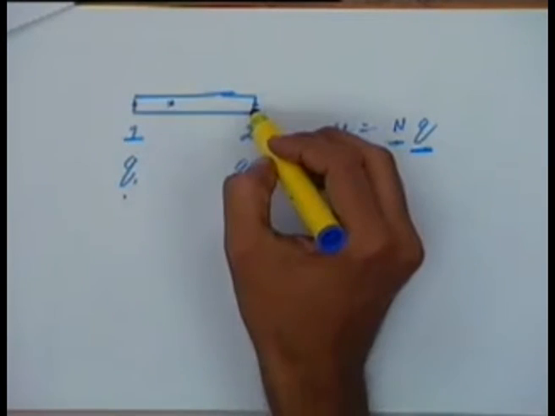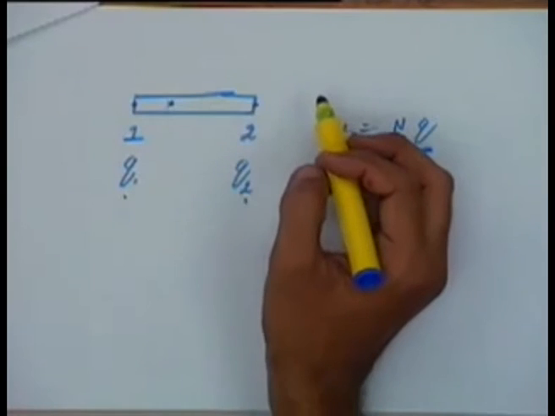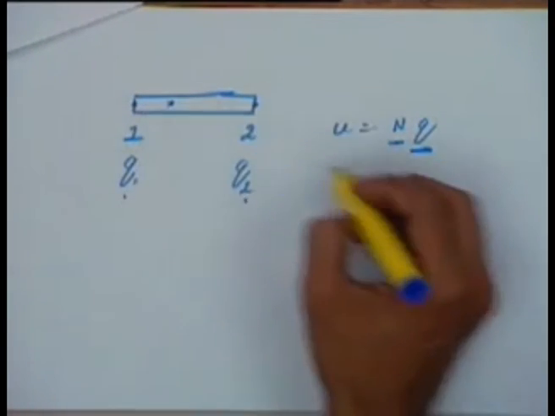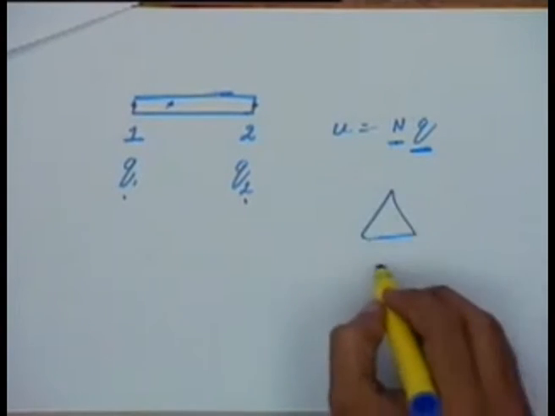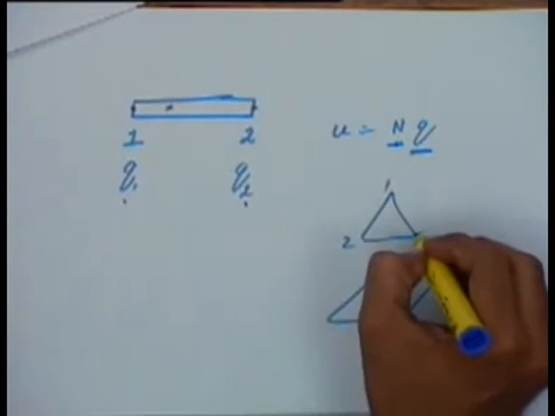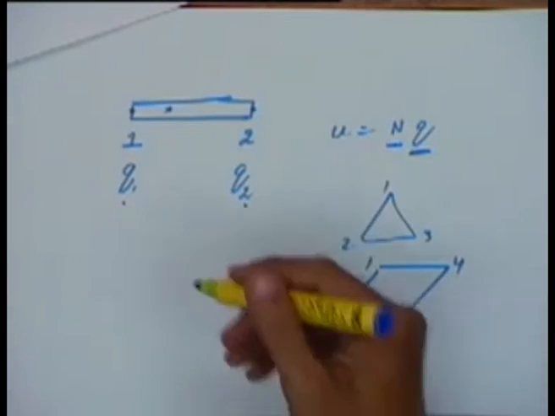Now whether we have one dimensional element, 2D elements or 3D elements, our approach is going to be the same. Let us say in 2D we will try to take either triangular elements or quadrilateral elements, maybe with 3 nodes, 4 nodes, or a higher number of nodes.